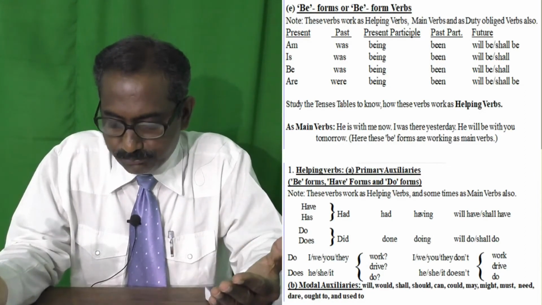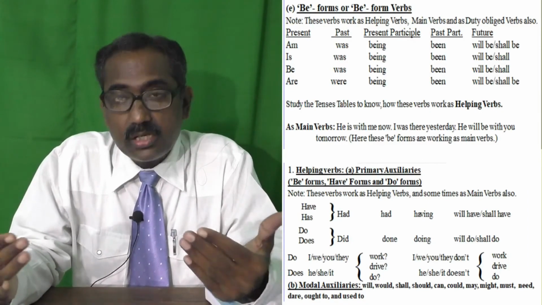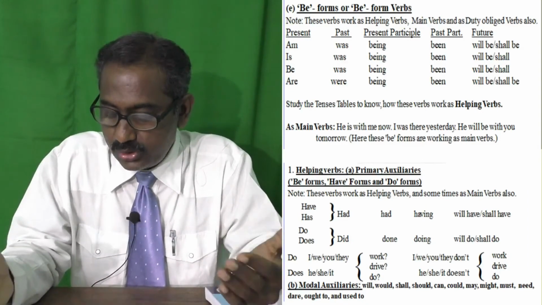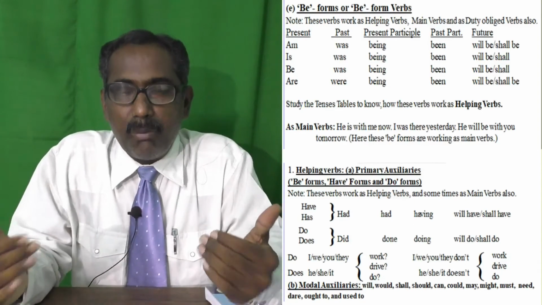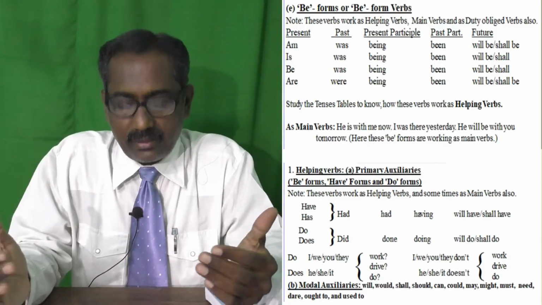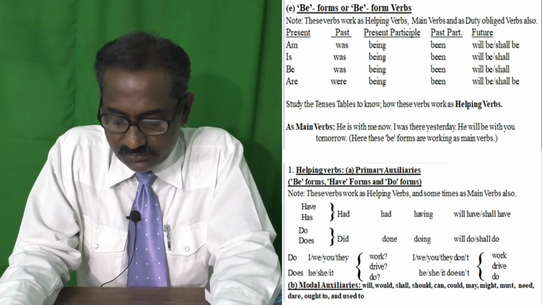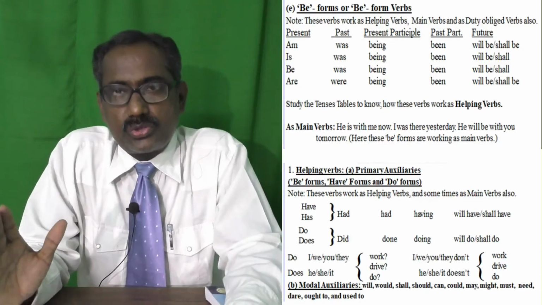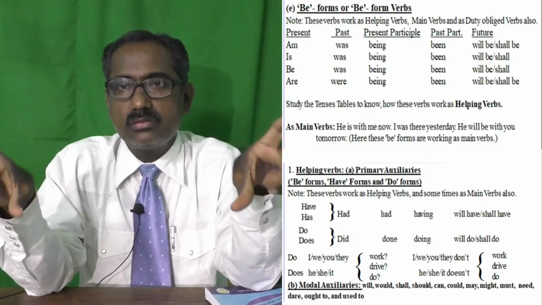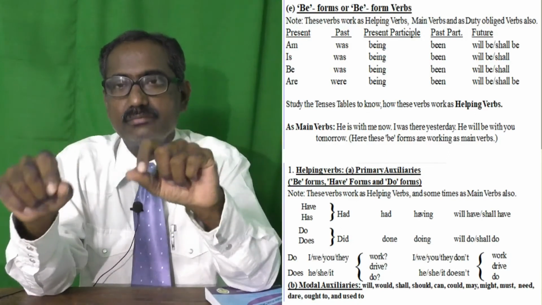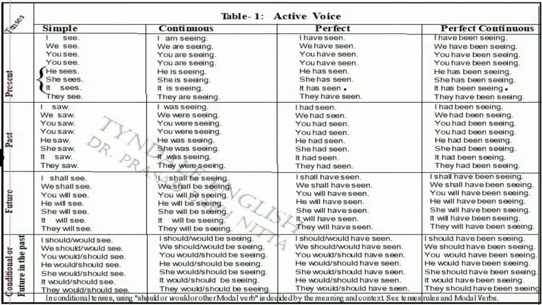You can see there: will, would, shall, should, can, could, may, might, must, need, dare, ought to, and used to. So I am going to show you all the tenses as a table here before starting the rules one by one.